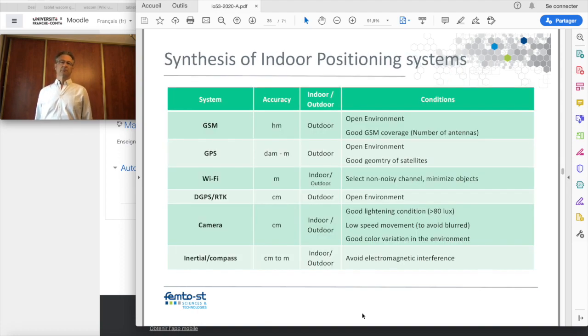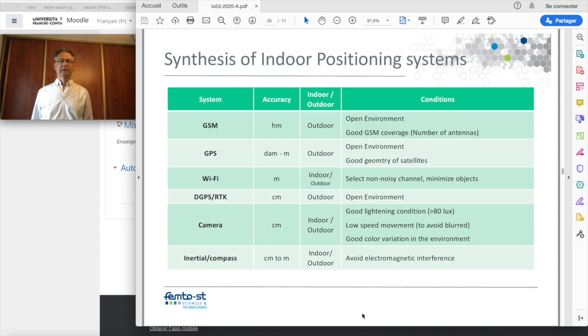So this is a synthesis of indoor positioning systems, according to the system you are going to use: GSM or 3G, GPS, Wi-Fi, differential GPS, camera, and the inertial units. With inertial units, it can work indoor and outdoor.